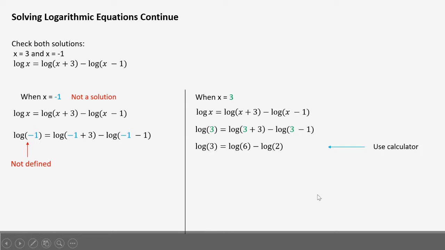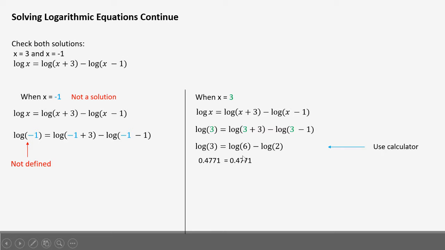You can use a calculator, which if you plug in log of 3, it's going to give you 0.4771, rounded to 4 decimal places. If you put log of 6 minus log of 2, it's going to give you 0.4771. Hey guys, if you notice, what's my base here?